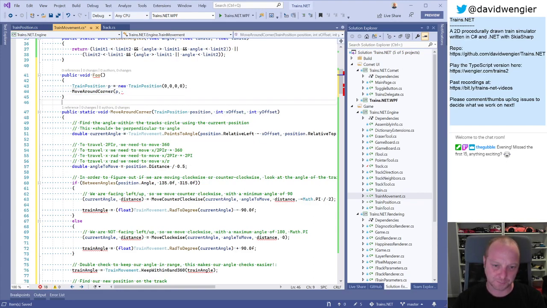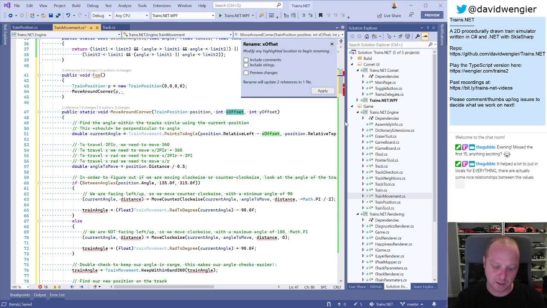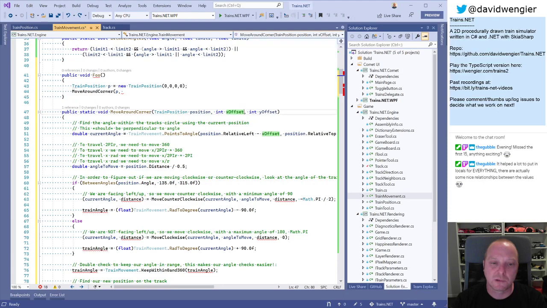X offset. So let's say... I wonder, we could make it an enum. Anyway, X offset, that means the relative position of the center of the circle. And actually that should be plus.